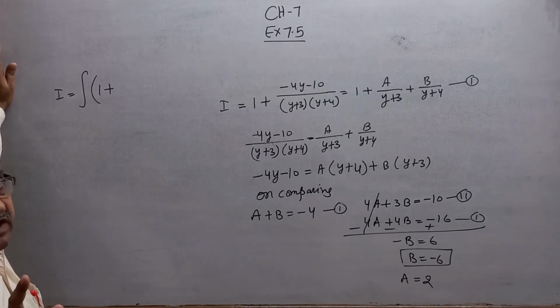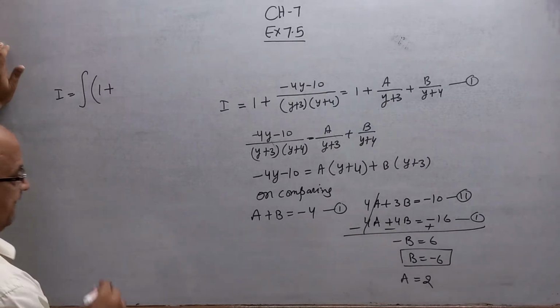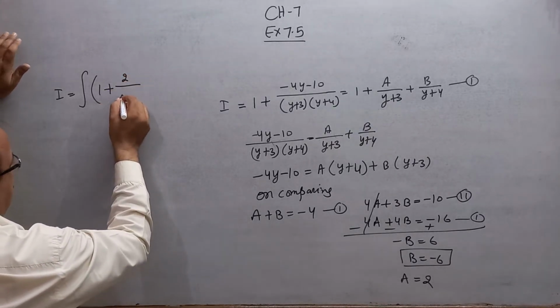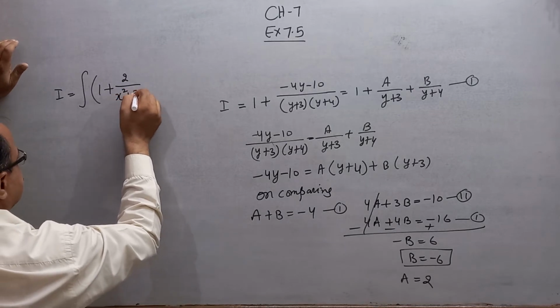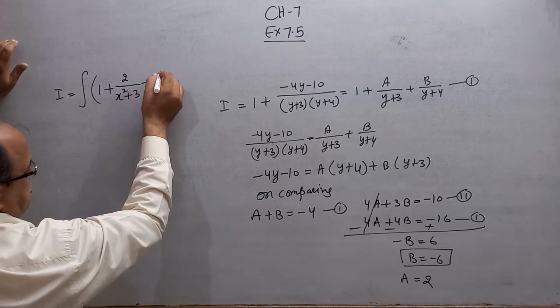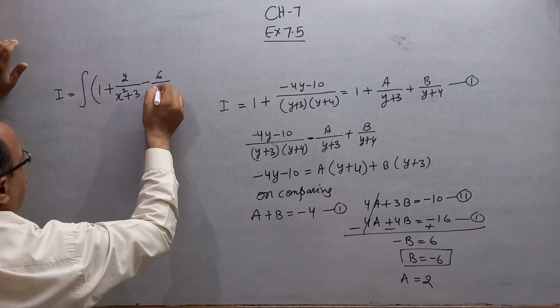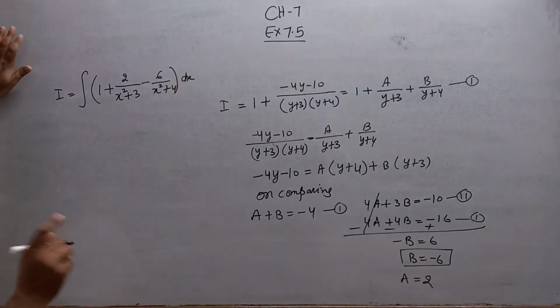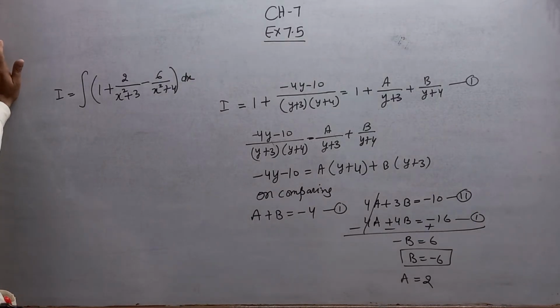Because we don't use the derivative of putting. That is 2 upon x square plus 3 minus 6 upon x square plus 4. Put the value of y before integration. This is an important point in this type.